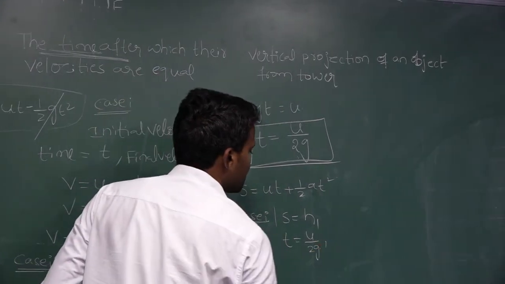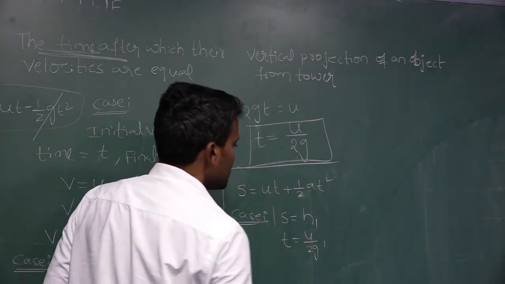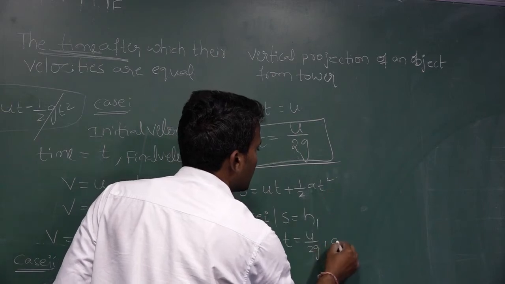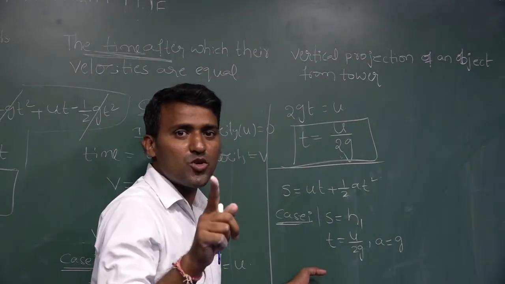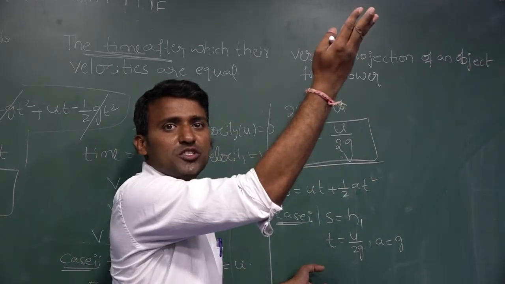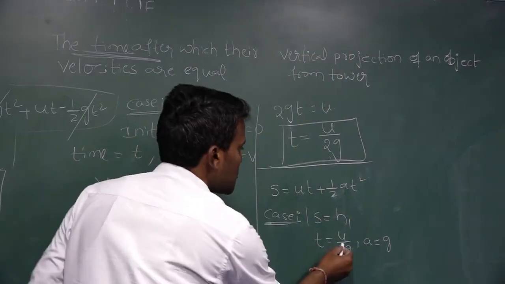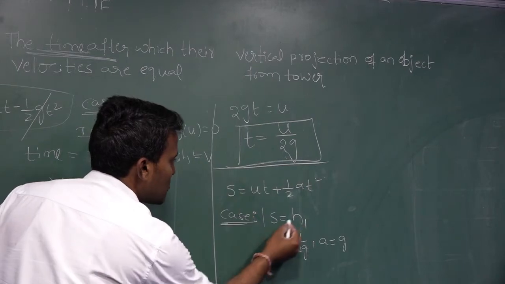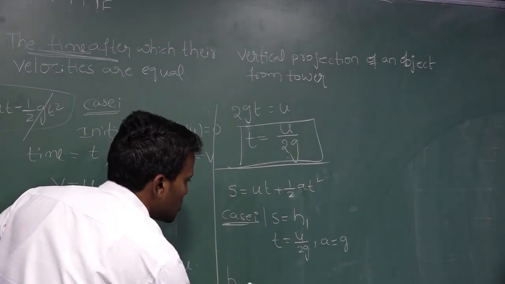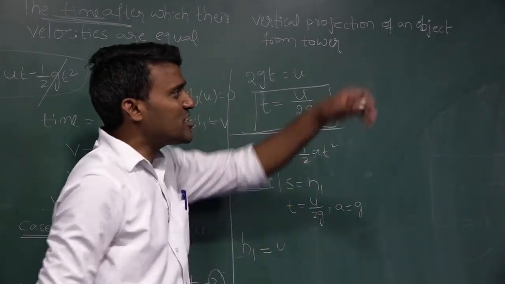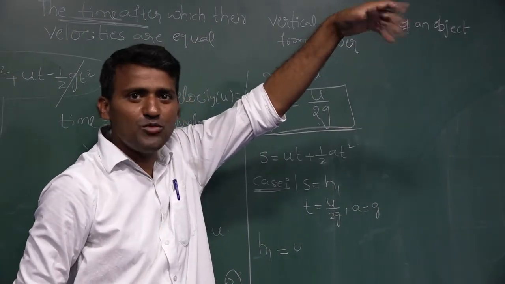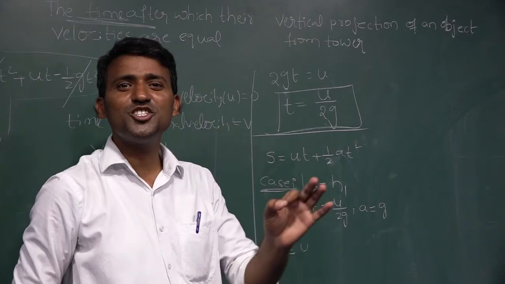And then after t is equal to u by g. If you substitute a equal to plus g for falling downward direction, I told you positive, and going upward direction is minus g. Substitute those values in this situation. S is h1, and u as usual. When the object is a freely falling body, what is the initial velocity?